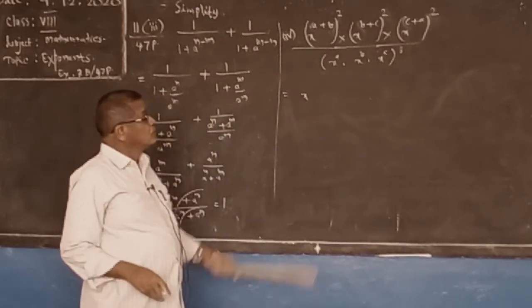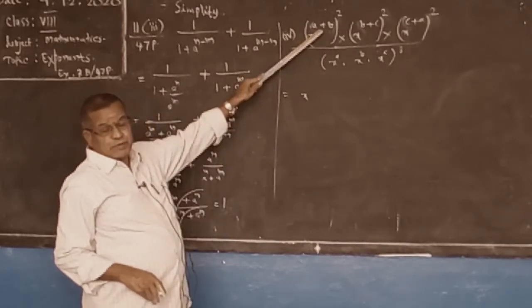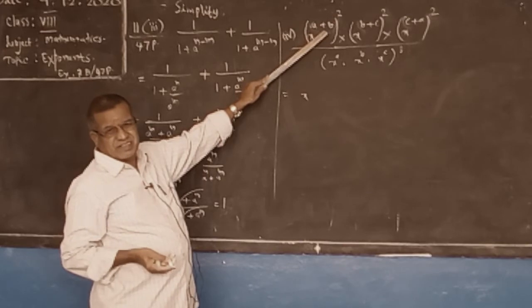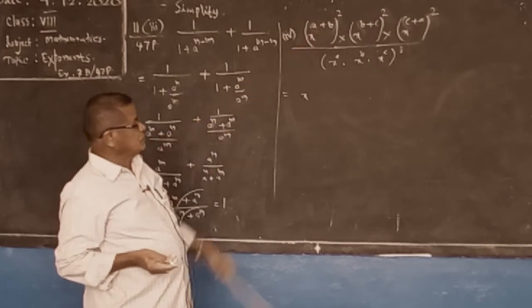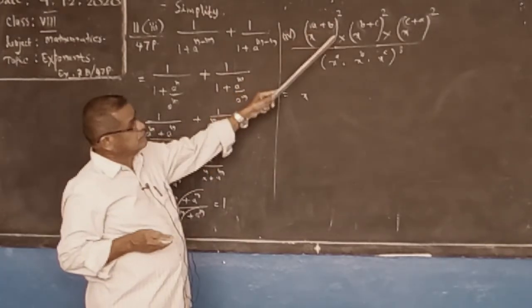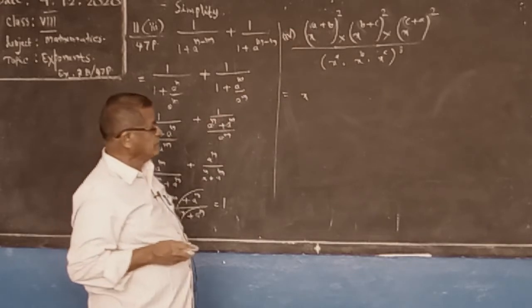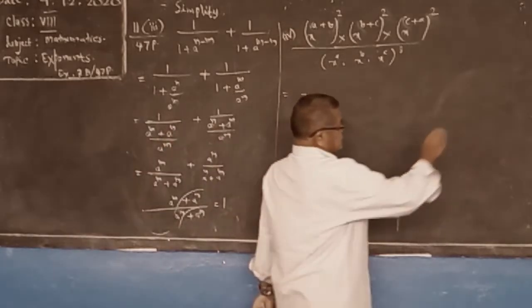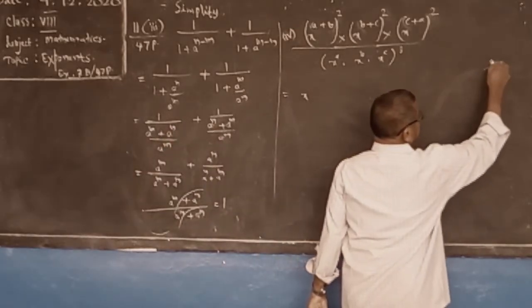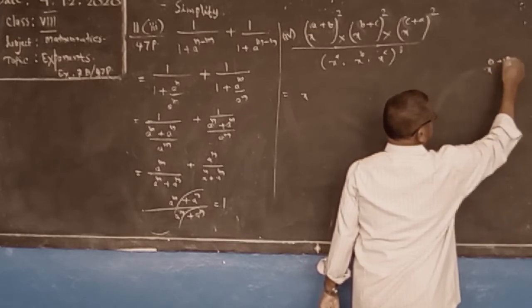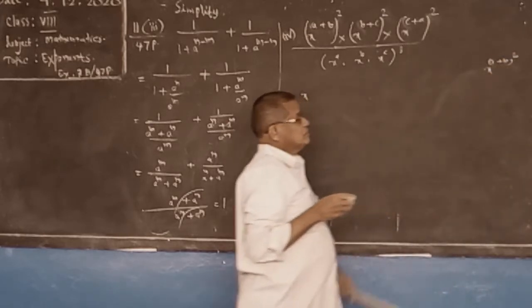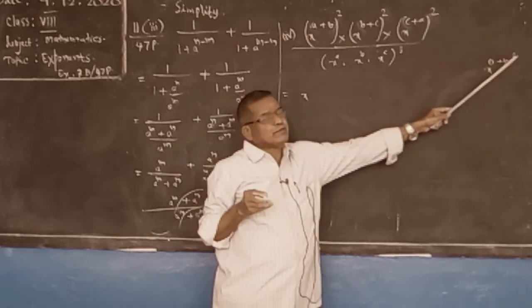Previous problem, I have written x power a plus b whole square. That is different. Now this different. Bracket is different. In previous problem, I have written like this, a plus b whole square, means we have to expand a plus b whole square.